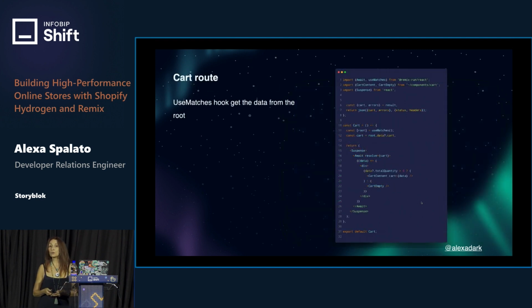Now we need our cart data also in the cart route, but the cart route is not a child of the root file. So here we use useMatches, another hook that gives us access to the data from the root. So from there, we can get our cart data.